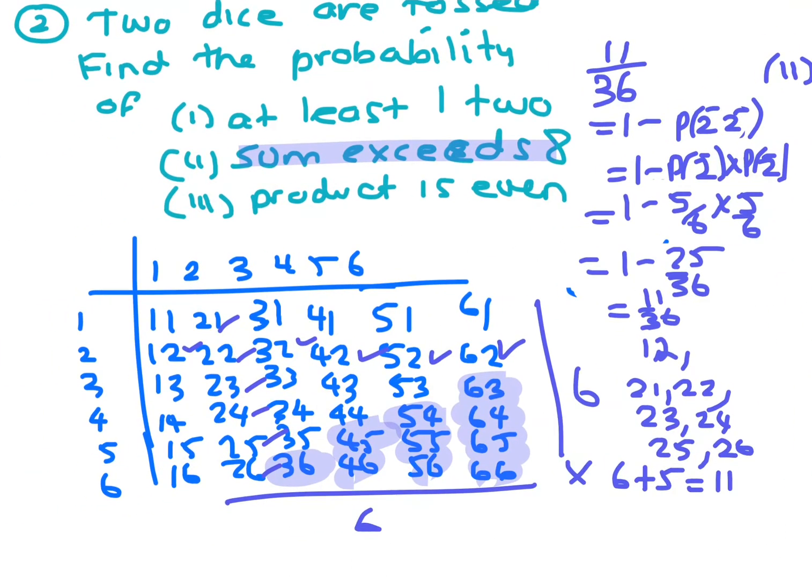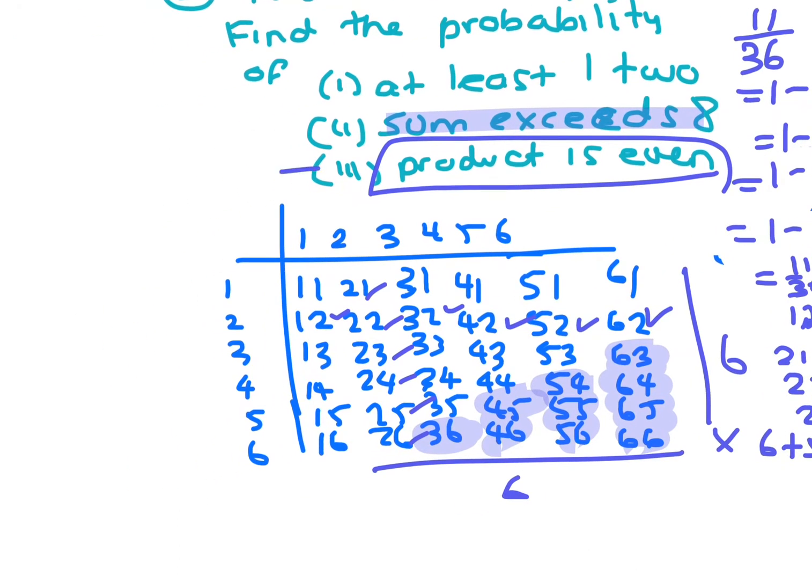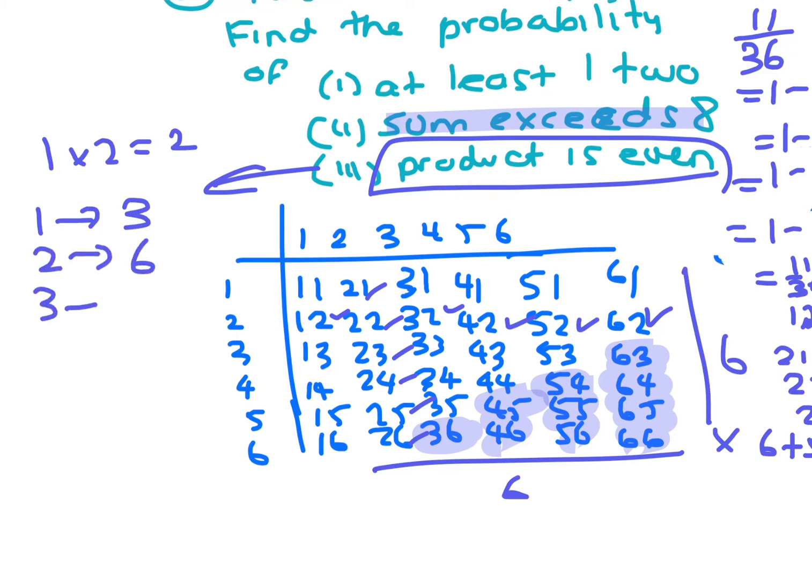Okay, the product is even. You could go through and think about this. Drawing the table's a bit hard, it takes time. So you could still look at the table and do it, but you could go, if I multiply an odd by an even, I'll get an even. So when you're looking at 1 and something, there's going to be 3 because it'll have 3 evens with it. When you look at 2, it's going to be all of them. When you look at 3 with something else, there'll be 3 because it'll be 3 with all the evens, like 2, 4, 6.